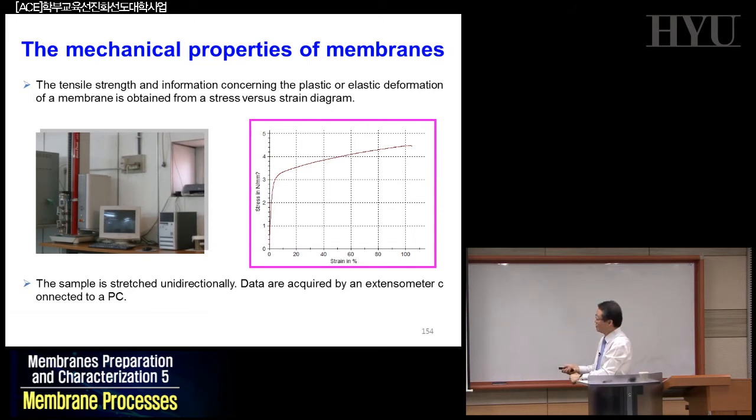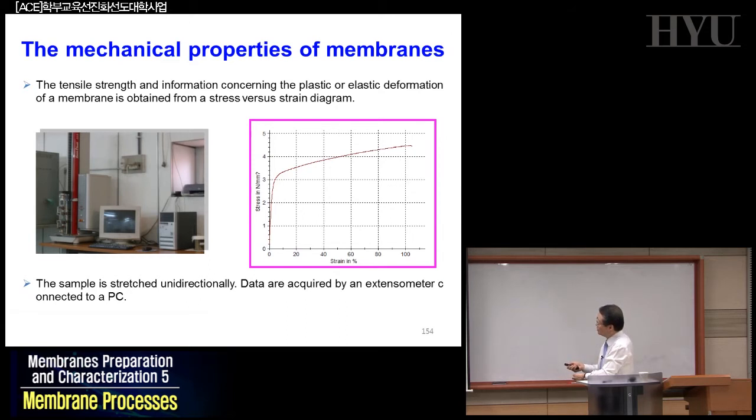So stress is plotted in the y-axis, whereas the strain or elongation is plotted in the x-axis. So when the sample is following this line, it shows the yield point here, and then your sample will elongate up to about 100% of your strains.